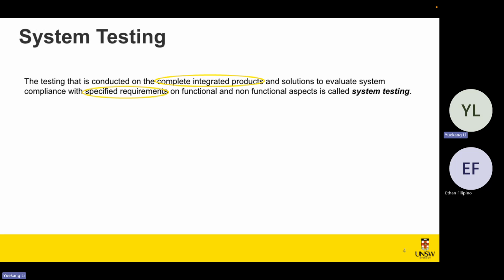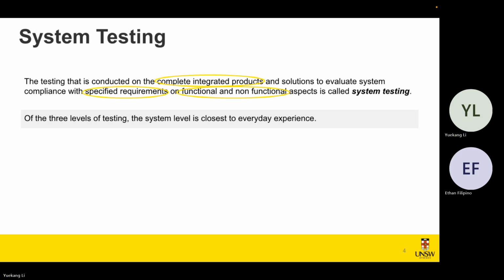The difference is that for system testing, we care more about testing the system's behavior against the specific requirements, so it's more about testing against high-level requirements. We can test both functional and non-functional aspects of features.